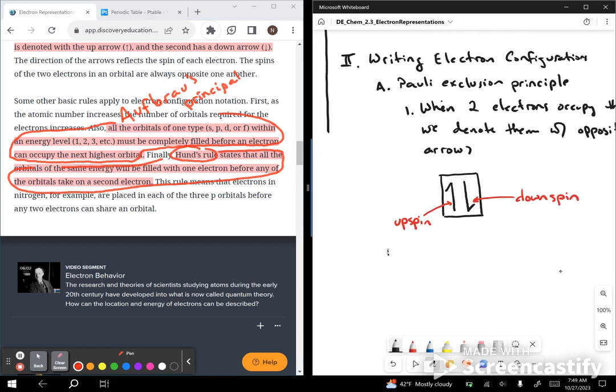I'm going to write down letter B. Aufbau's principle. Okay, and go ahead and write down what it states. And I'm going to be looking in your notes for Hund's rule. Okay, and so write down what that states.